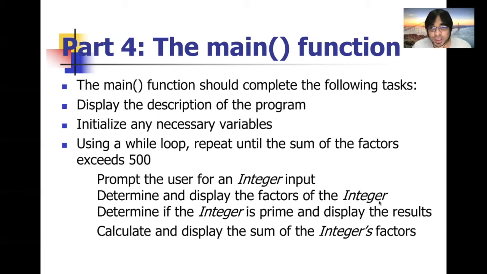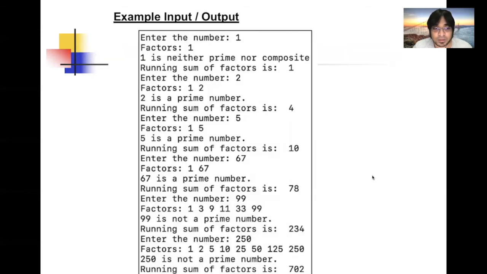And for that, we have the function we just made. Now we're going to determine if the integer is prime and display if it's prime or not. And finally, we're going to calculate and display the sum of the integer's factors. So this is what it should look like, and that's how we are going to design it.